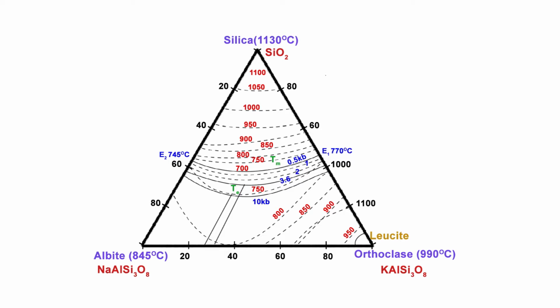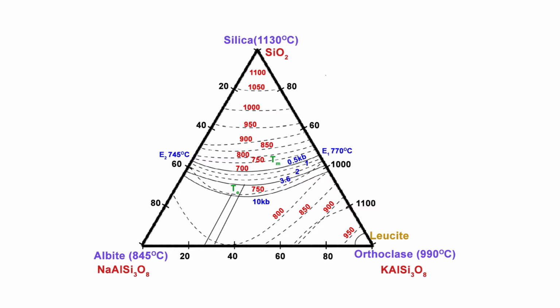Just like in plagioclase feldspar, one can think of this triangular diagram as a combination of the two-component systems, namely quartz-albite, quartz-orthoclase and albite-orthoclase.